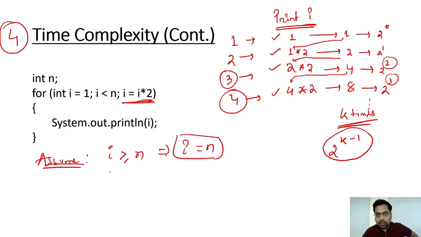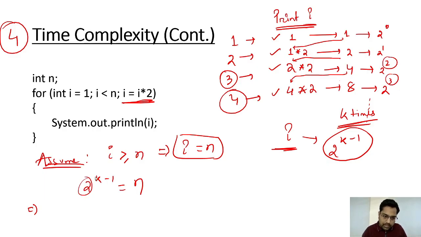In that case, the I value is 2 to the power k minus 1, because I is running for that many times, equal to n. Then you have to find the kth value. For finding the kth value, take the logarithm with the base where k is there, take that as base.